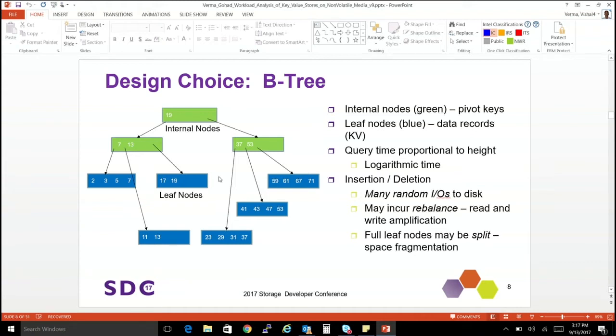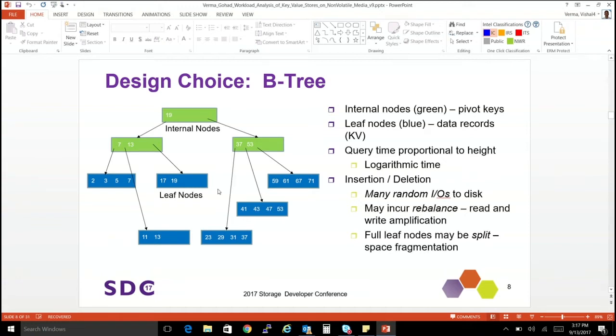For insertion and deletion, because the tree gets rebalanced, there is splitting involved. When the leaf gets full, the tree would split itself to rebalance, and that involves write amplification, what we call read and write amplification.